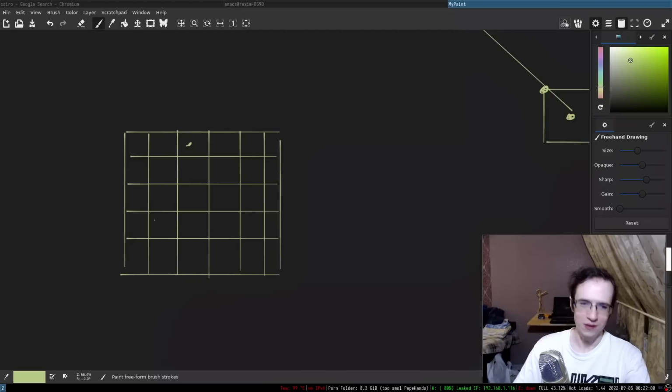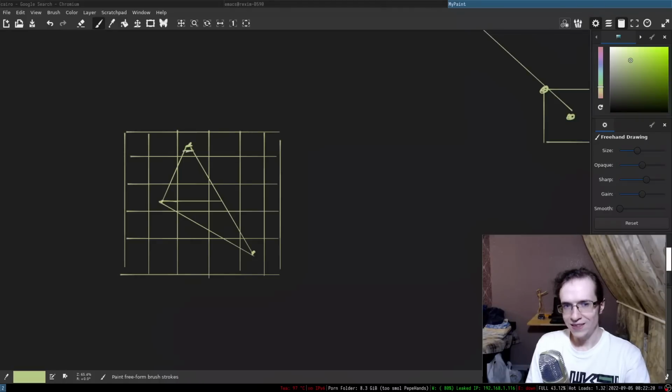Alright, so we usually have 3 points, right? And we basically logically divide this triangle into 2 triangles, right? And then what do we do? We essentially scan the lines and fill them up like that.